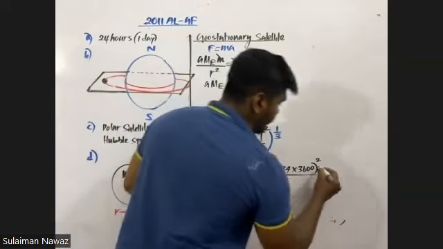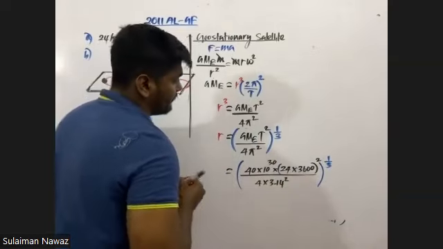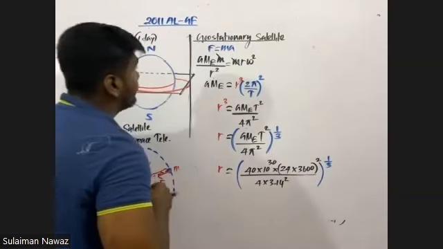We don't need to simplify, it is mentioned in the question. This is your final answer, small r.